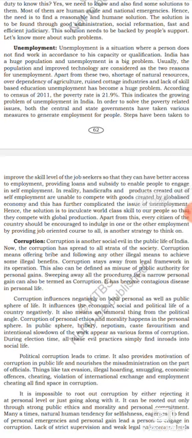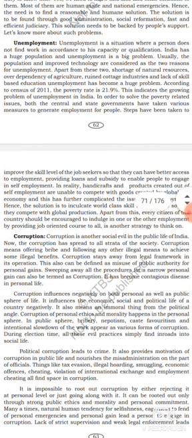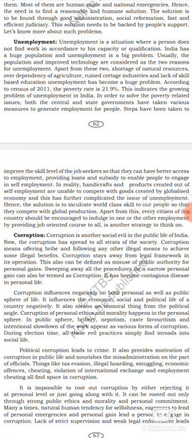Offering bribes and following any other illegal means to achieve some illegal benefits is called corruption. Got it? Corruption stays away from the legal framework in its operation. It can also be defined as misuse of public authority for personal gain.